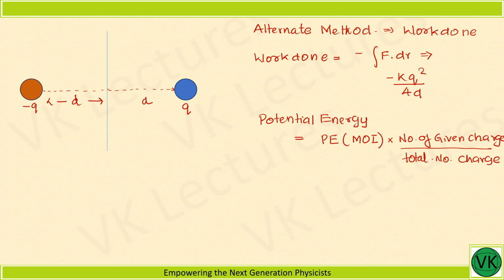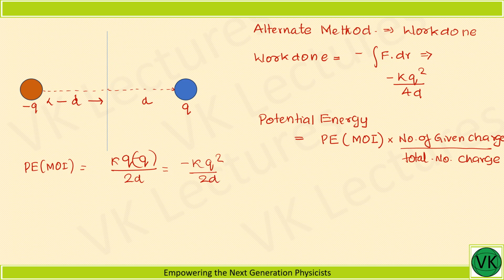So the potential energy by method of image can be calculated as kq times minus q divided by the distance, that is 2d. So that's equal to minus kq square divided by 2d.